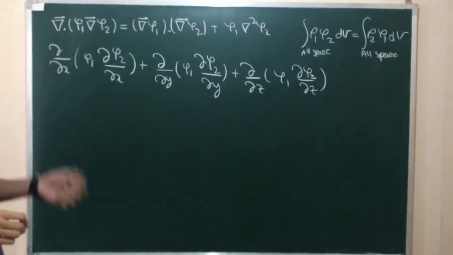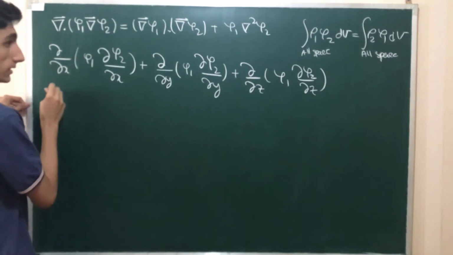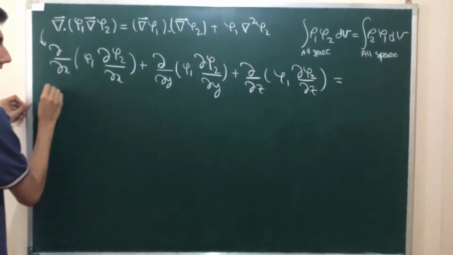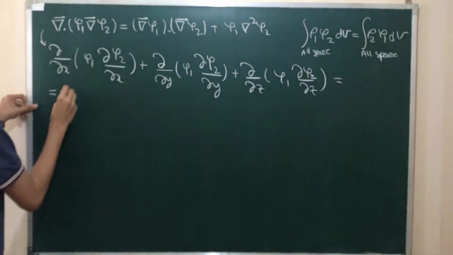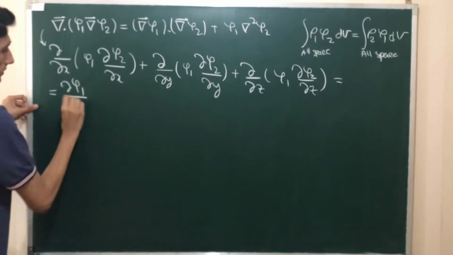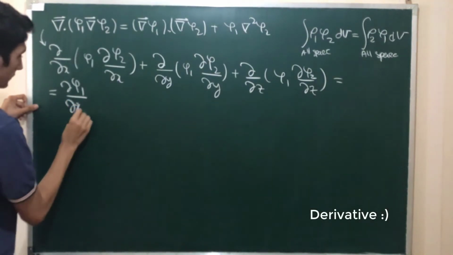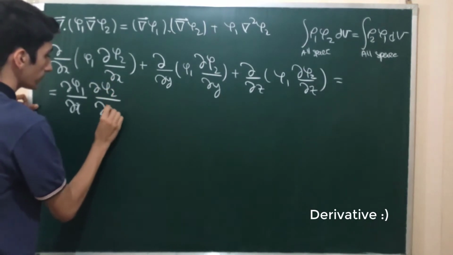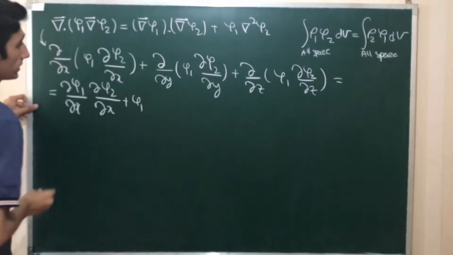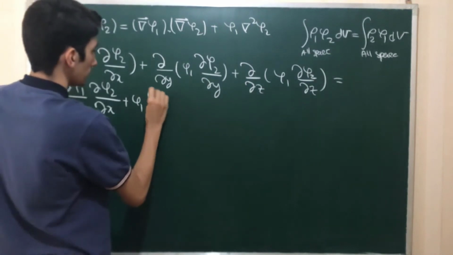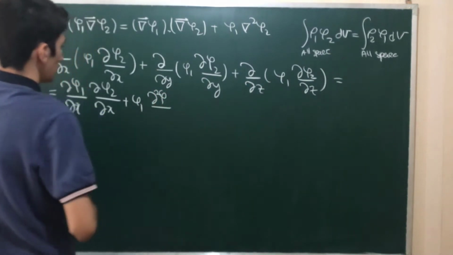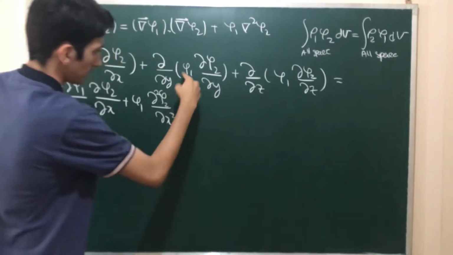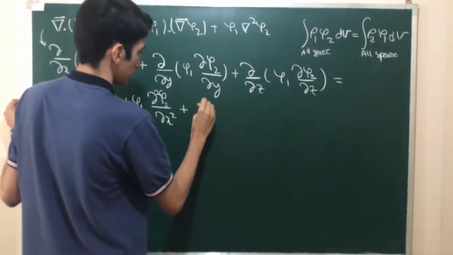If I use the product rule for differentiation, I'll write this as the derivative of phi 1 with respect to x times the derivative of phi 2 with respect to x, plus phi 1 times the second derivative of phi 2 with respect to x, plus the same thing for the y-axis and the z-axis.